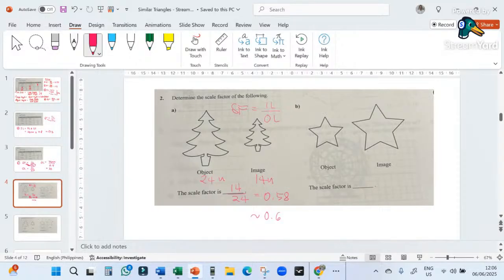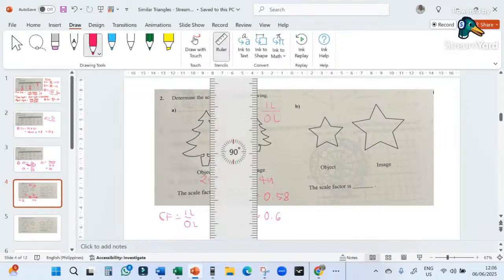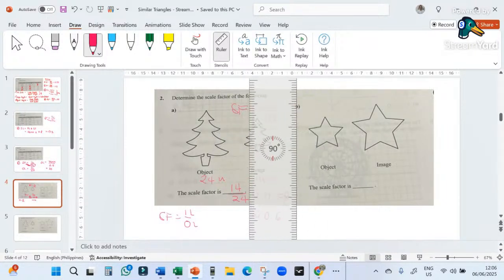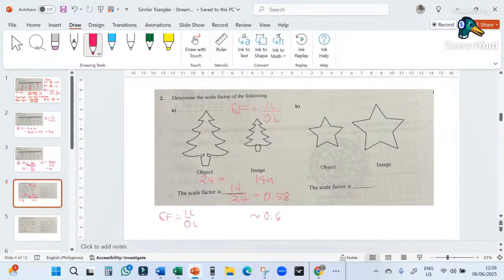Now let's do the next one. Don't forget about the formula of scale factor: image over object, image length over object length. Let's go to the next one. We're going to use the ruler again, and I'm going to measure from the tip until here.